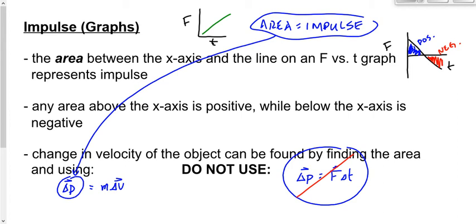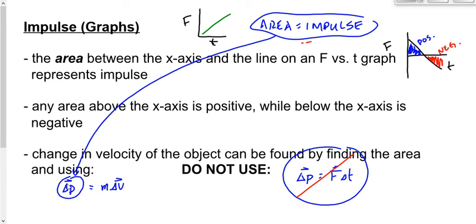The reason being, the force in that equation stands for average force. But on these graphs, the force is almost always changing. So what value of force do we use when the force is always changing? Just don't even try. Find the area, get the impulse, and then if necessary, set that impulse equal to m times delta v.